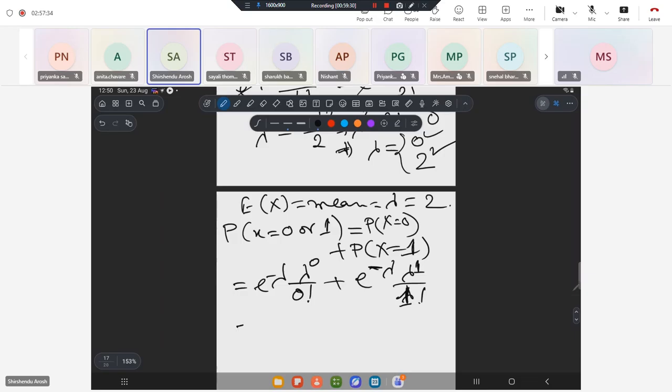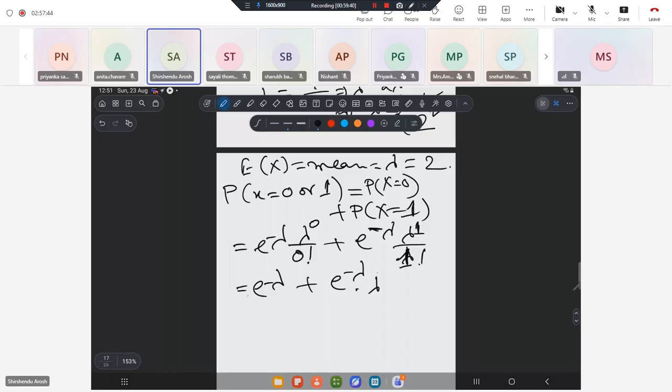So it will become e to the minus lambda plus e to the minus lambda into lambda. Right? So let's put in the values: e to the minus 2 plus 2 e to the minus 2, that is 3 e to the minus 2. Whatever number it is, that is the answer.